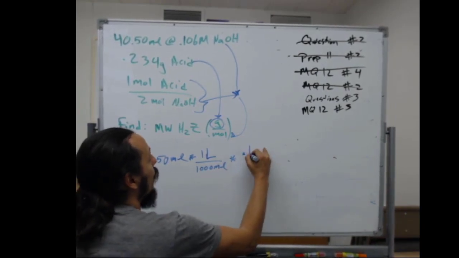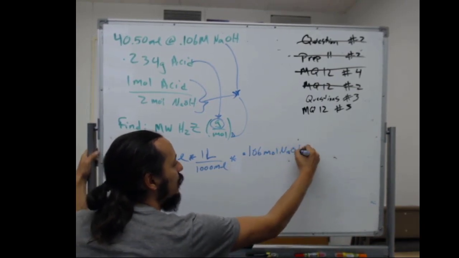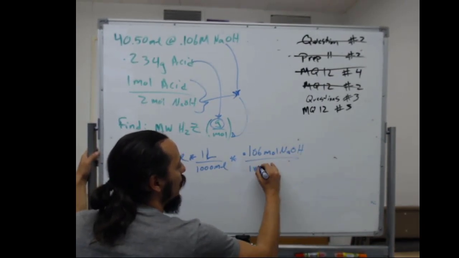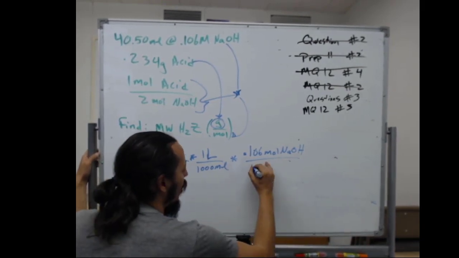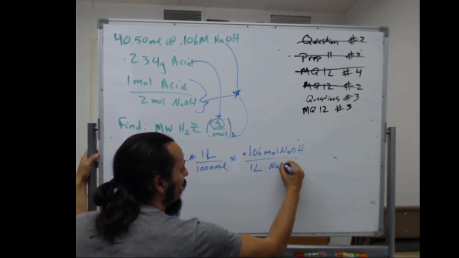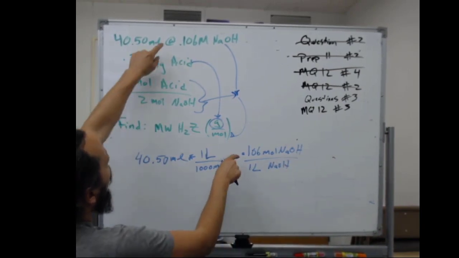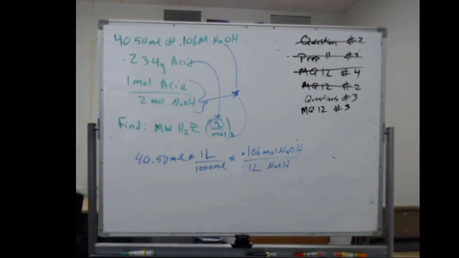Times 0.106 moles NaOH for every 1 liter of NaOH. That's rewriting the concentration in terms of moles per liter, remembering that molarity is just a combined unit like that.